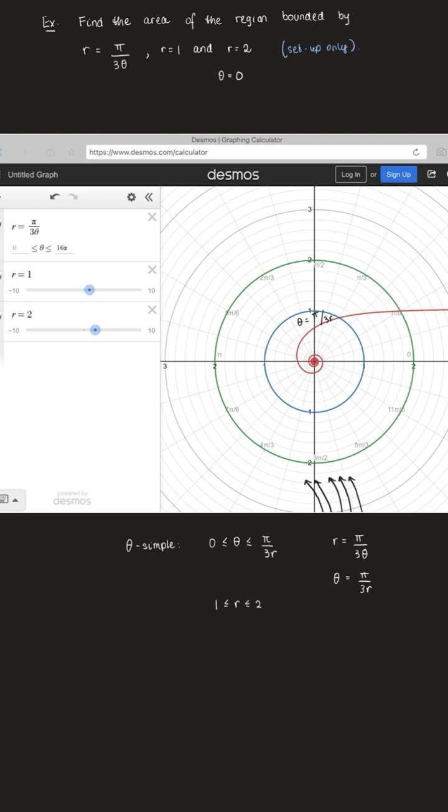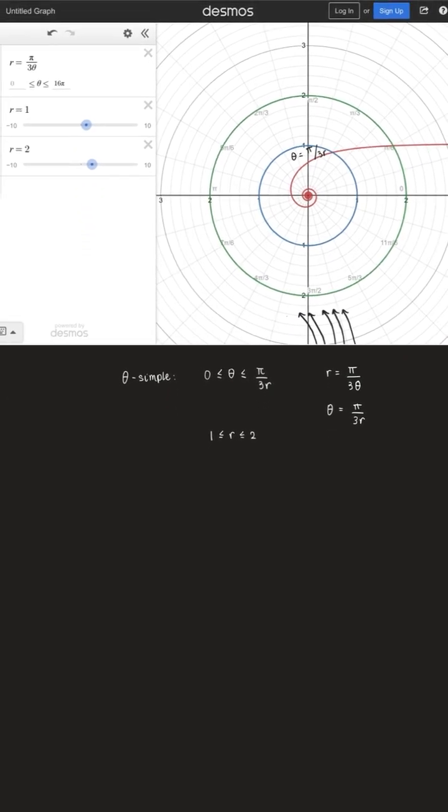And we're ready to set up our integral for area. So our integral using theta simple, first our inner integral will go from theta equals 0 to theta equals pi over 3r. We're trying to find area, which means that our function will have a height of 1. And then this is a dA, or actually remember that we're using polar coordinates, so we need to recall our area element is r dr d theta.